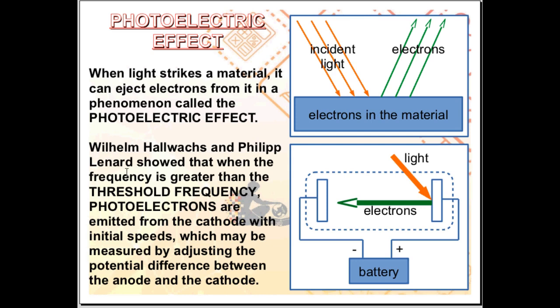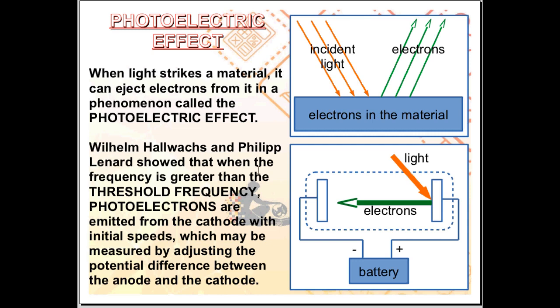Hallwachs and Lenard showed that not always will electrons be emitted. You need to have an incident light of sufficient frequency.